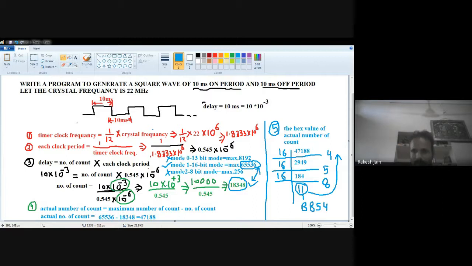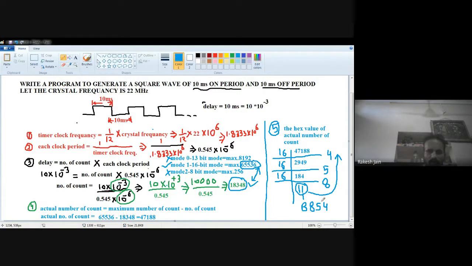Then 2949 divided by 16 will be 184 times, with 5 remaining. Then 184 divided by 16 gives 11 with 8 remaining. So it will be B854.